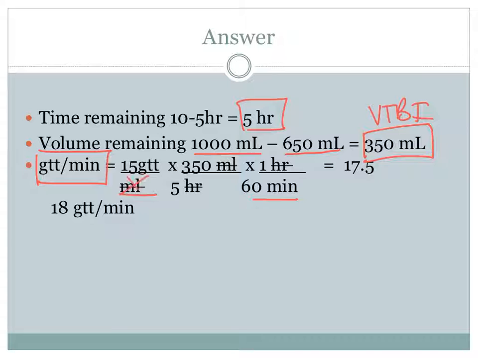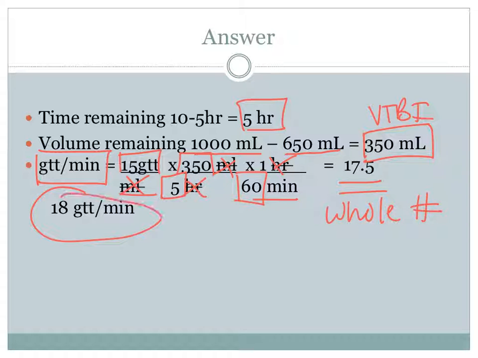Cancel out the milliliters, cancel out the hours, and you now get 15 drops times 350 over 5 times 60, which calculates out to 17.5. Again, we have to round to the nearest whole number, giving us 18 drops per minute.